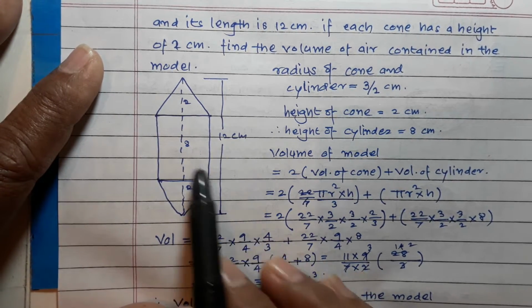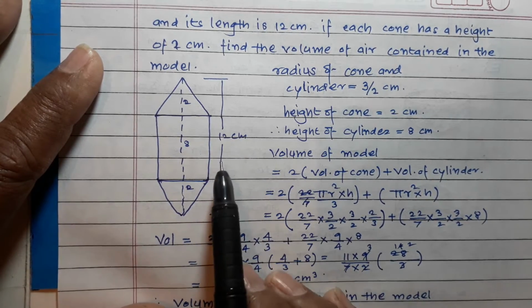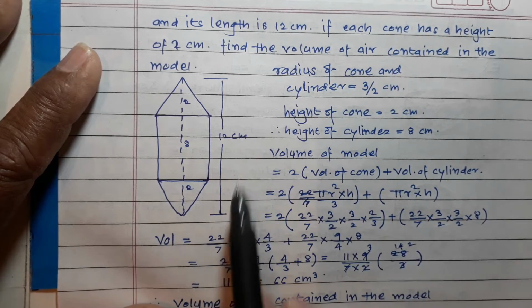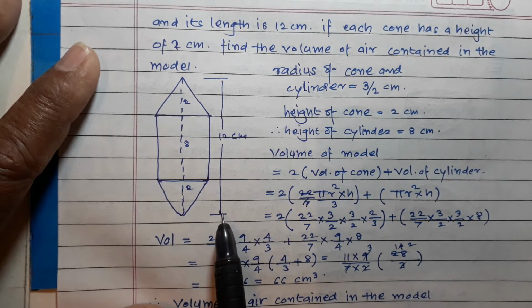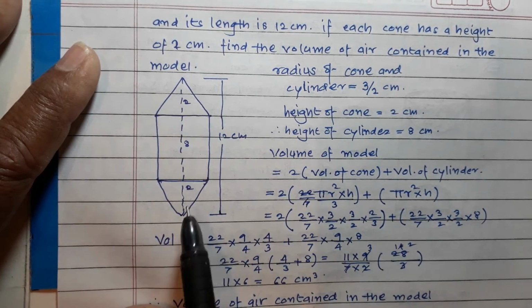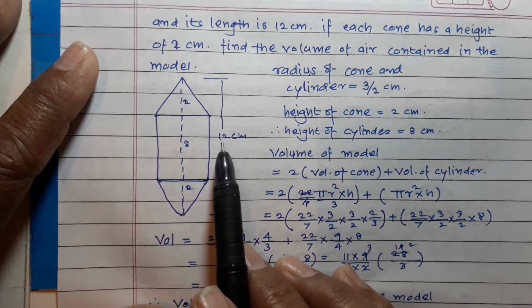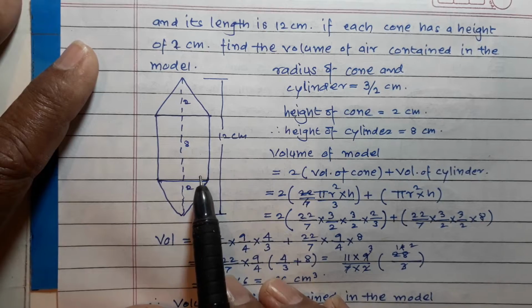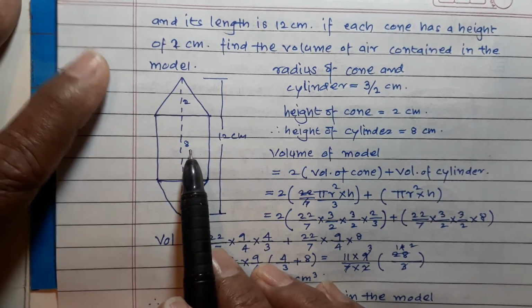So the figure is important, so that you will get some dimensions. This complete height is 12 centimeter, this is 2 and this is 2. Subtract 4 from this and you will get the height of the cylinder, that is 8 centimeter.